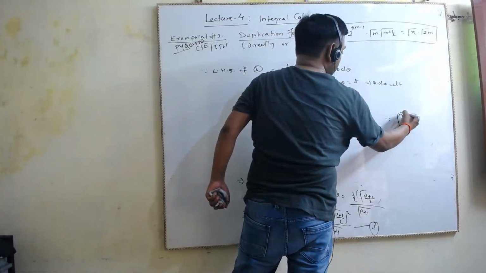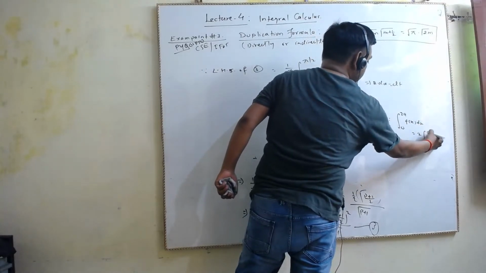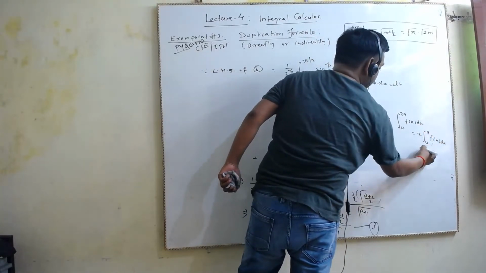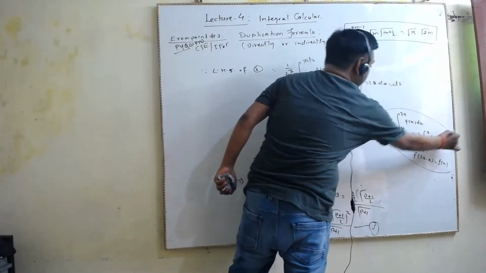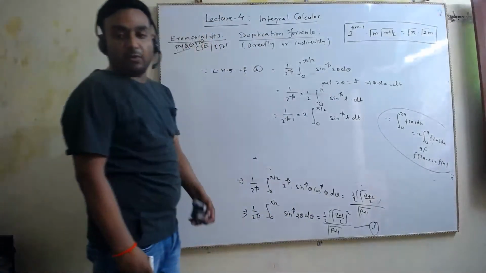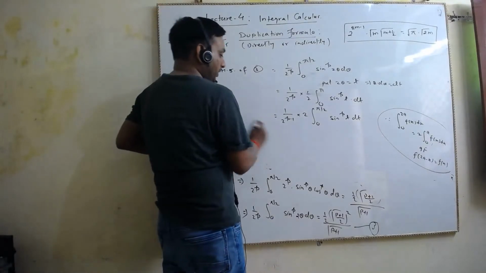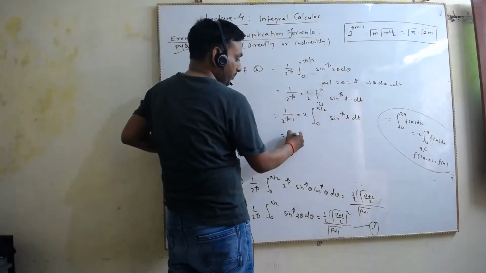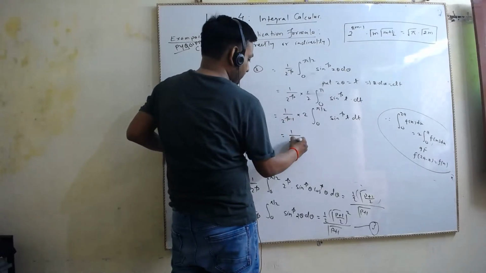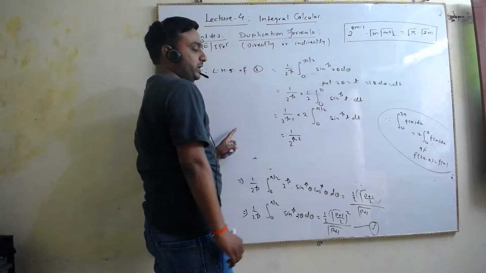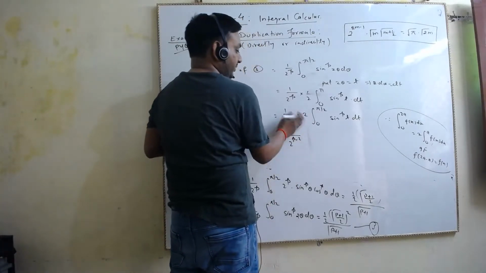Since integral 0 to 2a f of x dx is 2 times 0 to a f of x dx if f of 2a minus x equals f of x. This is the property we have already learned in the previous lectures. So what do you have, dear fellows? 1 upon 2 raised to the power p minus 1. So that is p minus 2, right? 0 to pi by 2 sin pt.